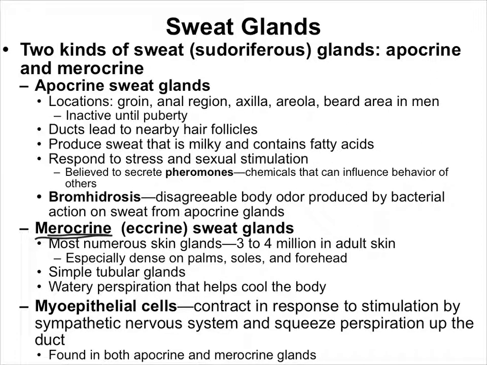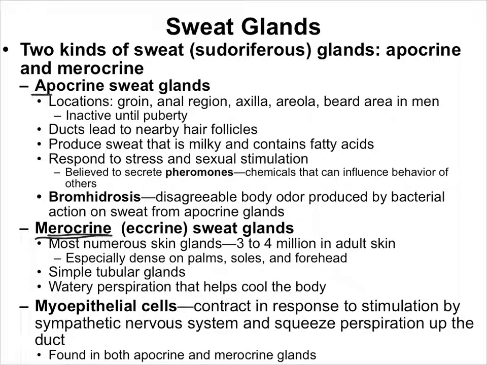They are found everywhere, and they secrete normal sweat onto the surface of the skin through pores. They are particularly dense on the palms, soles, and forehead. Right? Those are where you're going to sweat most voluminously. Merocrine sweat glands' function is to produce perspiration that cools the body. They're your main cooling gland.